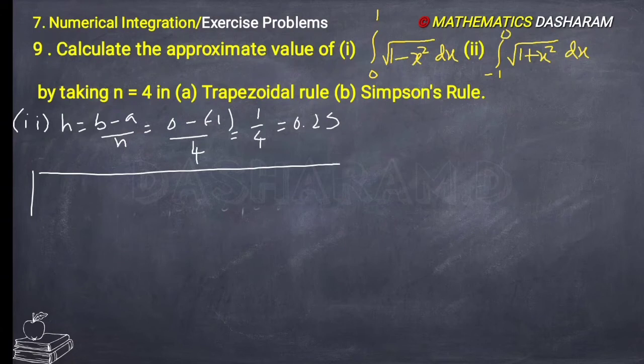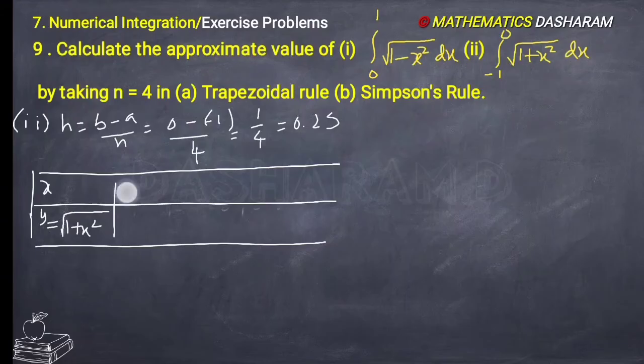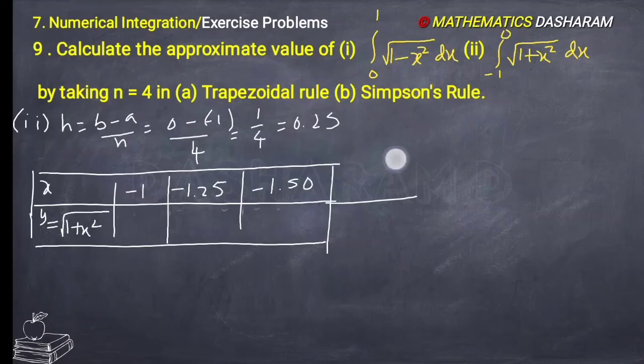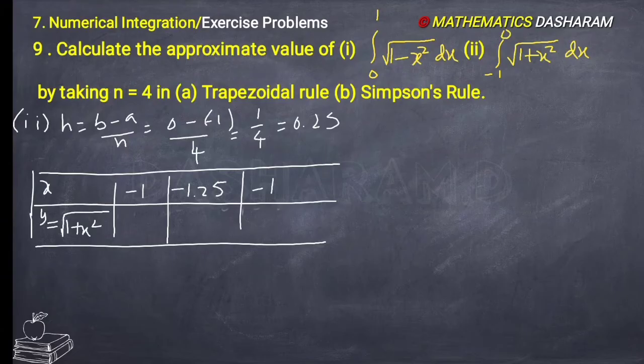Now let's draw a table. Here x value and y value is under root 1 plus x square. So first x value is the lower limit, that is -1. Next x value, sorry, here the values are wrong, x values.